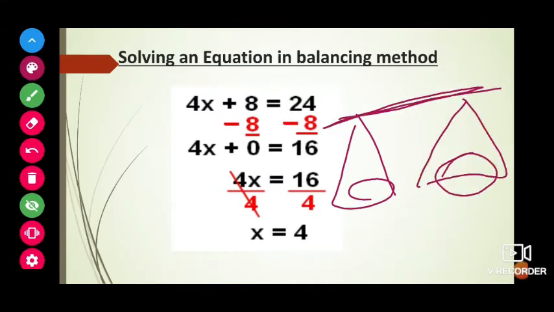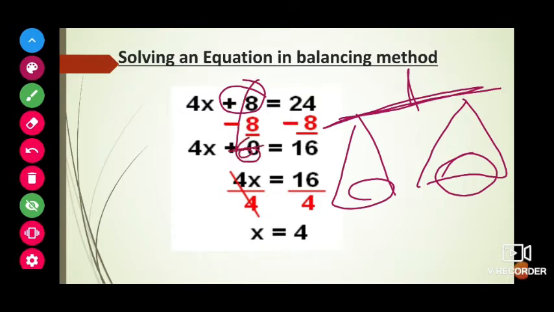Then only it will balance. Same way here, I don't want plus 8, so I am removing it by minus 8. The same minus 8 I have to do on this side also. Plus 8 minus 8 will get cancelled.